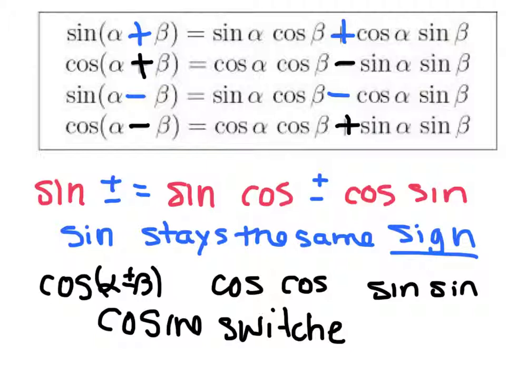So right here, where it says plus minus, the formula will say minus plus. And all of the letters, alpha and beta, stay the same.